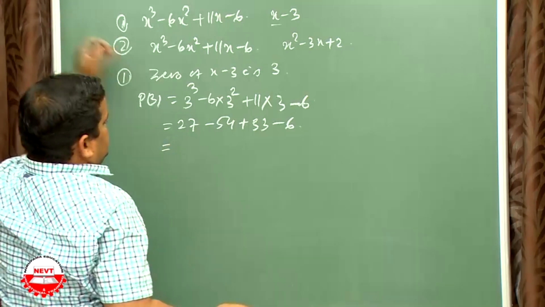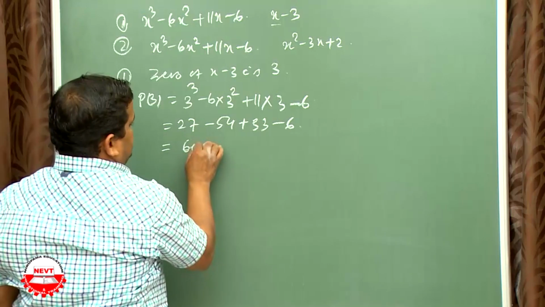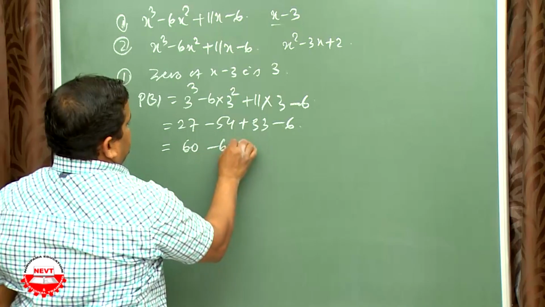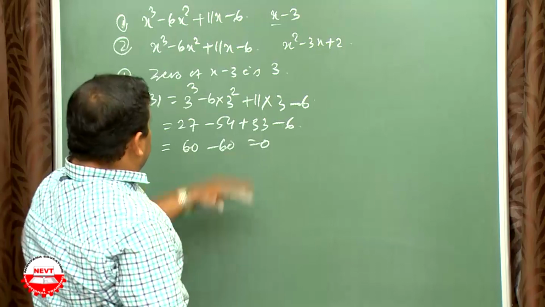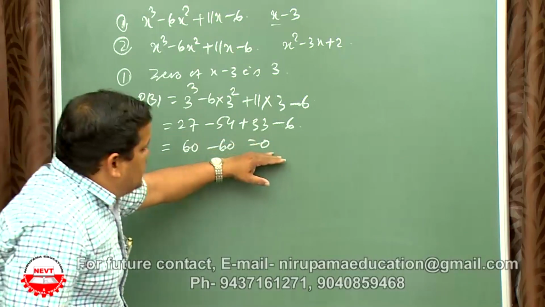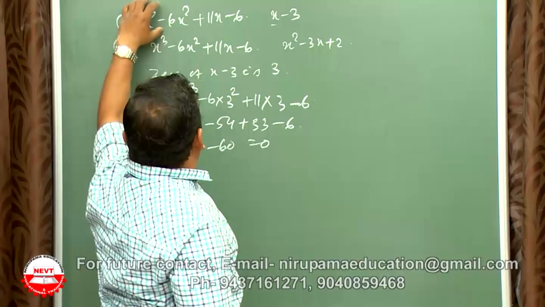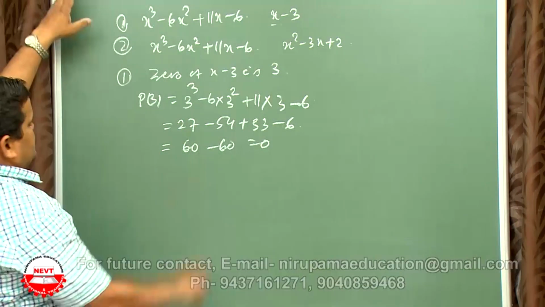It means 33 plus 27 is 60, minus 60 is equal to 0. This is the method to find the remainder. Since the remainder is 0, therefore x minus 3 is a factor of this first one, okay.